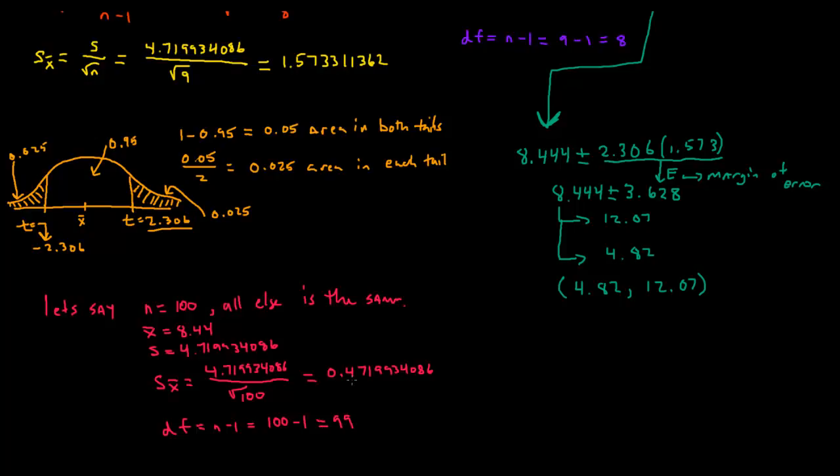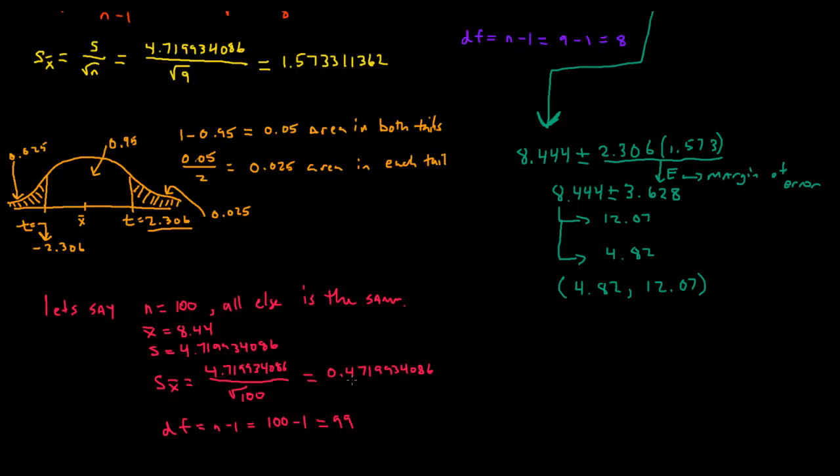Now, if you go over to the back of your book, at least in our book, if you're working on a different textbook, you might see something different, but our textbook only has degrees of freedom rows to 75. And what we have to do is, if you have degrees of freedom greater than 75, you have to use the very last row, which has an infinity symbol where the degrees of freedom are, which you use if your degrees of freedom are greater than anything listed in the chart. So since that's the case, we're going to use that last row.